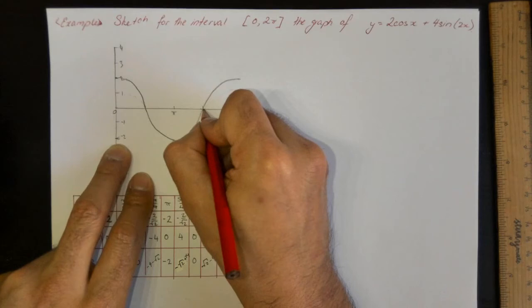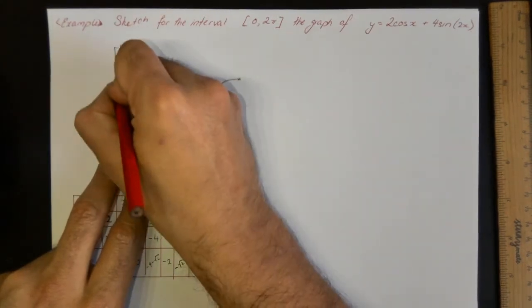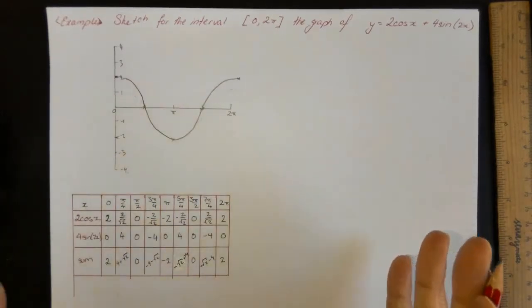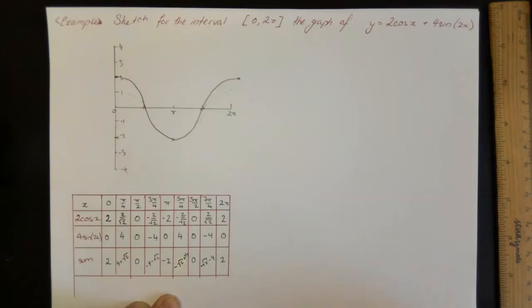So notice that the key points, like your intercepts, the function stays kind of the same. The value might change, but the idea still stays the same. Okay, so that's y equals 2 cos x.